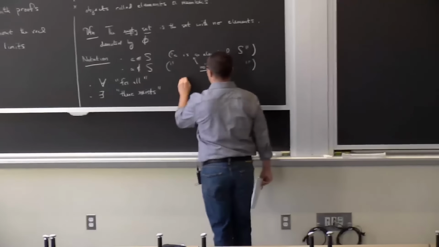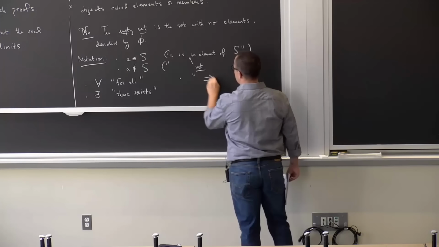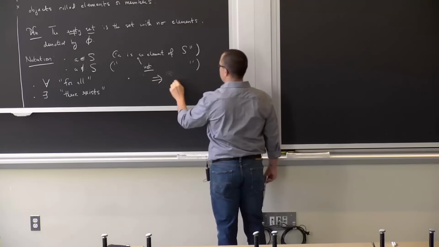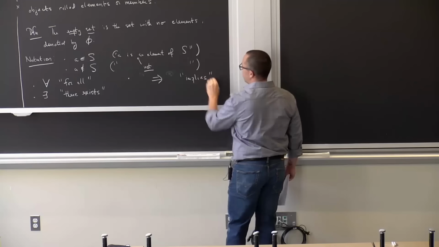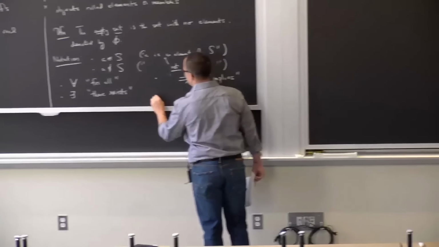And a couple more. If you see an arrow like this, this means implies. So I've written down one thing, this implies the next statement, I'll put an arrow between them.